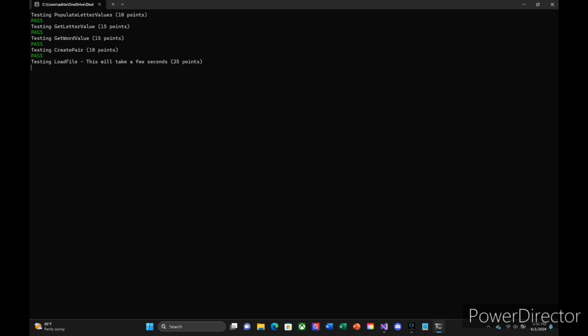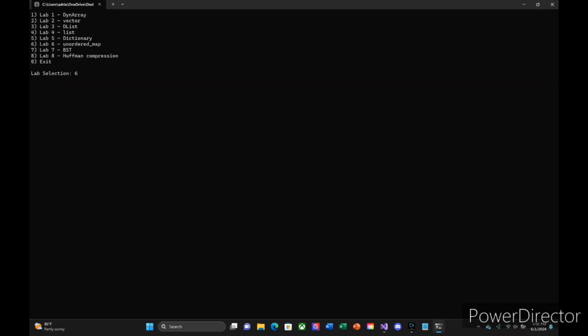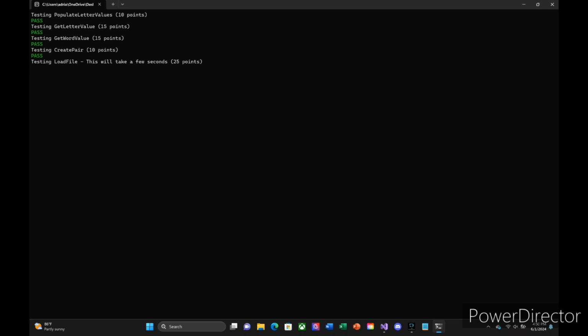And then as far as the methods, in total there were 6 methods. This lab was a lot shorter than lab 5. For the methods, there was the populate letter values, the get letter value method, get word value method, the create pair method, load words method, and the find value and map method.